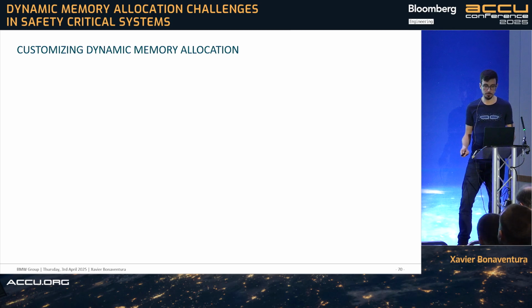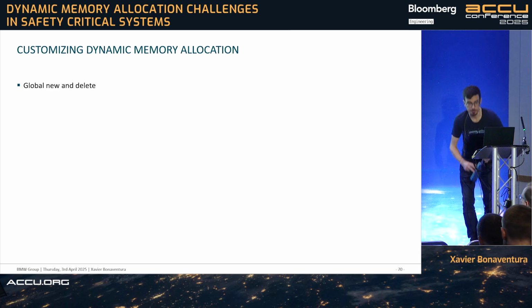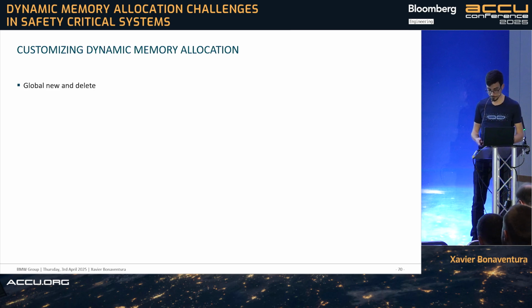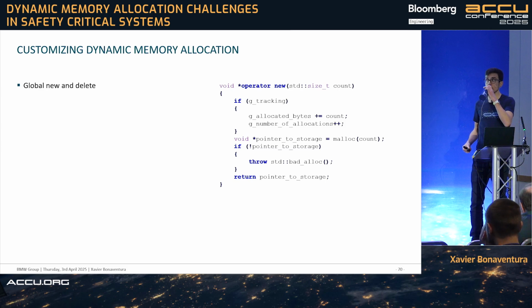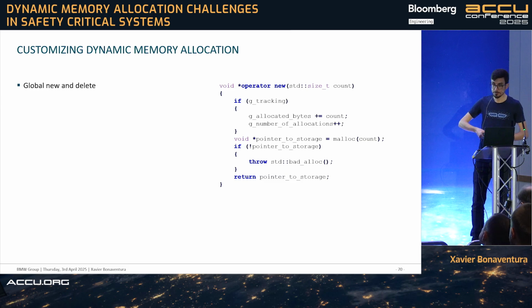Which options do we have there? The first option that we have is with the global new and delete. We can do something like that. Basically, what we saw is that these global functions are replaceable.